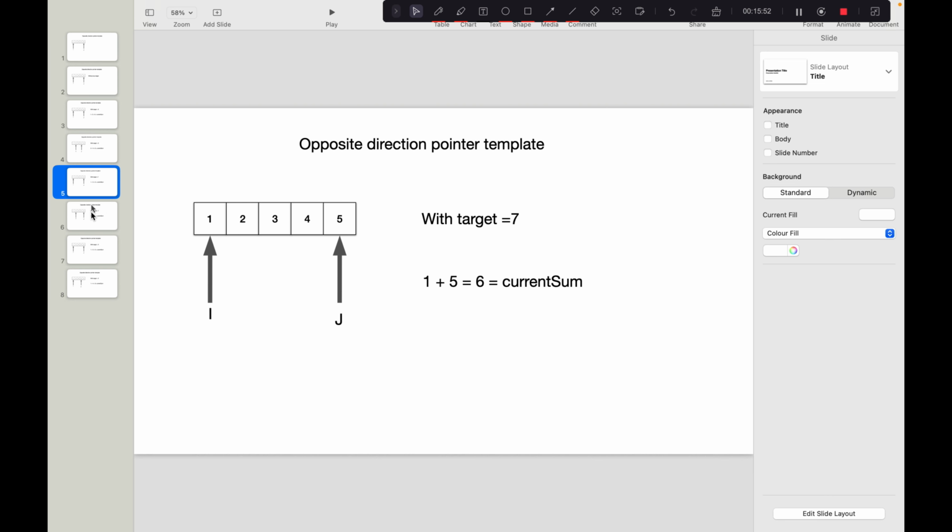So let's go to the next slide. I have moved this. Why? Because this is in ascending order. If I move this particular pointer, it will sum up, and after summing up these two numbers, definitely it can provide me a better result.